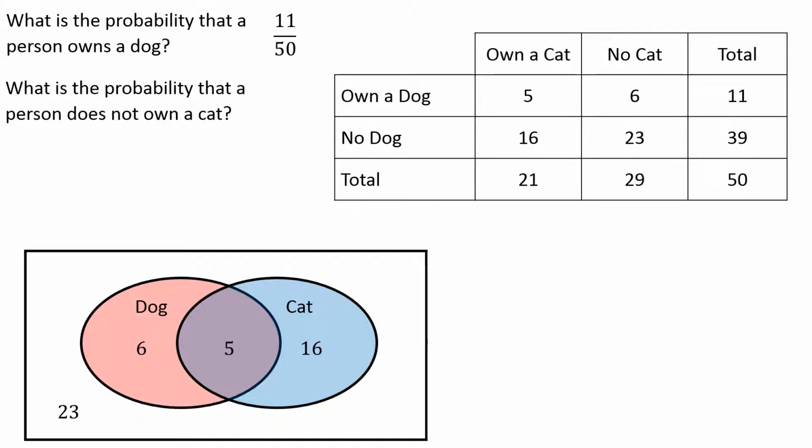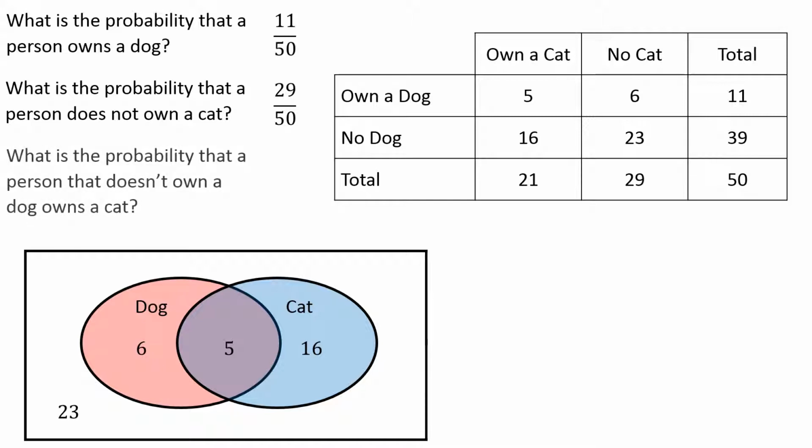Probability that a person does not have a cat? Oh, it looks like 29 out of 50 people do not have a cat. A person that doesn't own a dog owns a cat. Gotta be careful what rows and columns I'm looking at now, right?